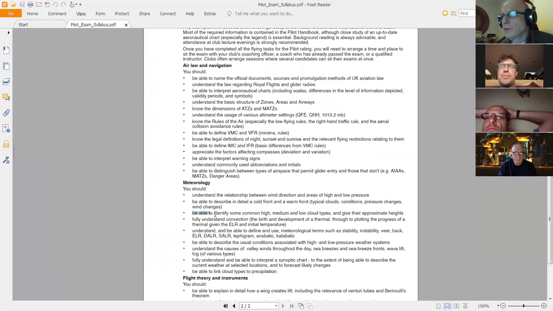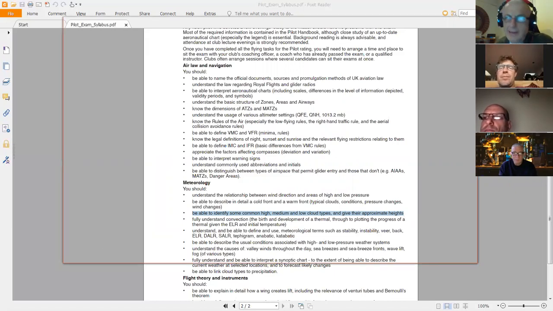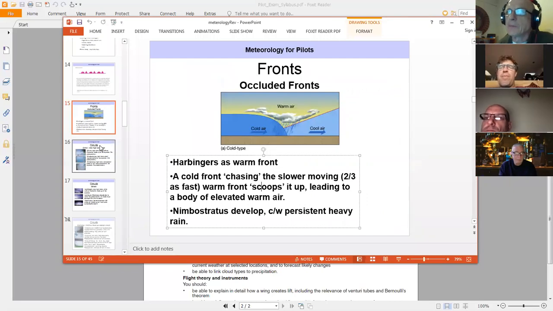The next point is to be able to identify some common high, medium, and low cloud types and give their approximate heights. I do have a separate chart on this, which I meant to put on the screen, but I don't have it, so I will send it out to you if you want it. Basically, your different cloud types.